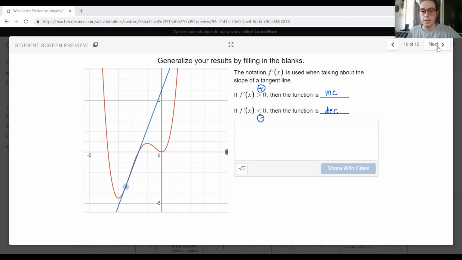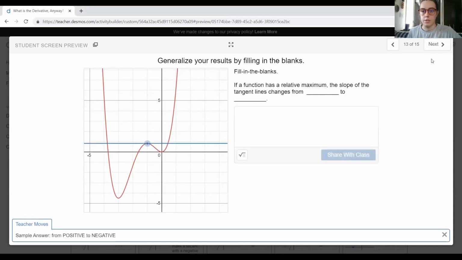Another conclusion is like these pages right here, which is a little more explicit. What I was already referring to, like this is how we can classify if we have a min or a max, is if we see the slope of the tangent line or the derivative change from positive to negative, right?